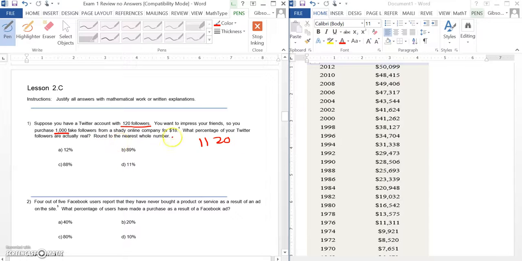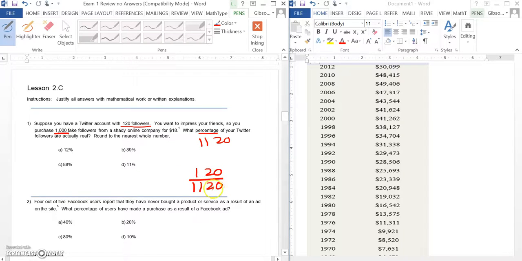So we want to find out the percentage, and we know percentage means we're going to divide, of your Twitter followers that are real. So our denominator will be the real and fake followers. Our numerator will only be the real followers.